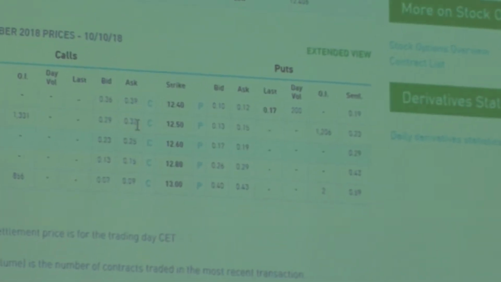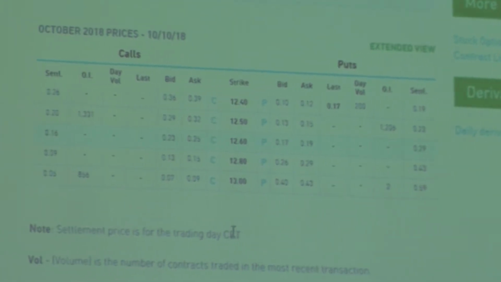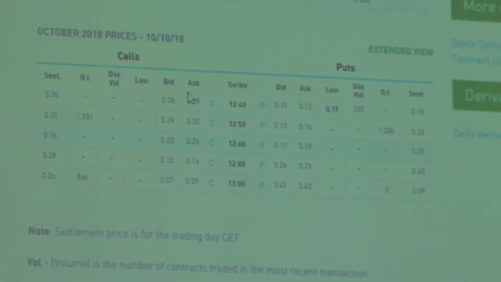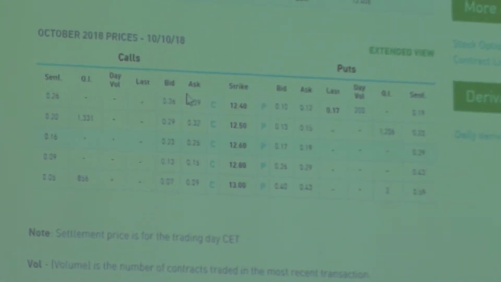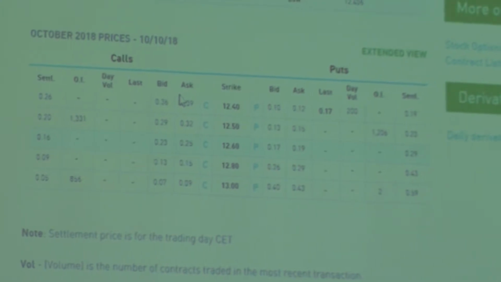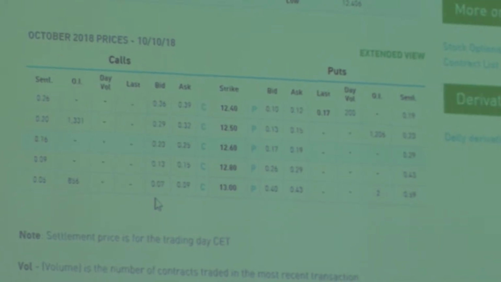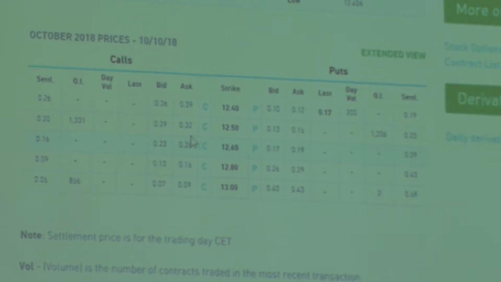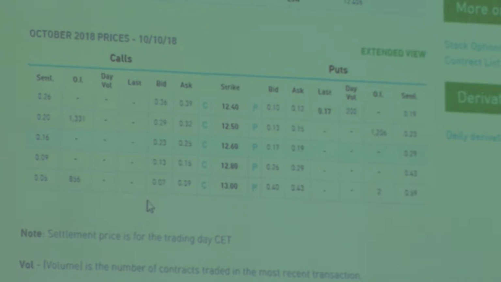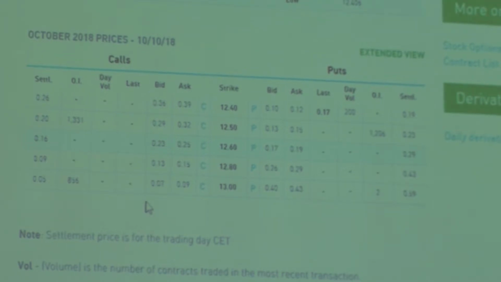Look at what happens to the strike prices as they go up. What happens to the prices of the call options? The prices go what? What's the relationship, say, between 36 cents and 29 cents, and 29 cents and 7 cents? Do you see any pattern?